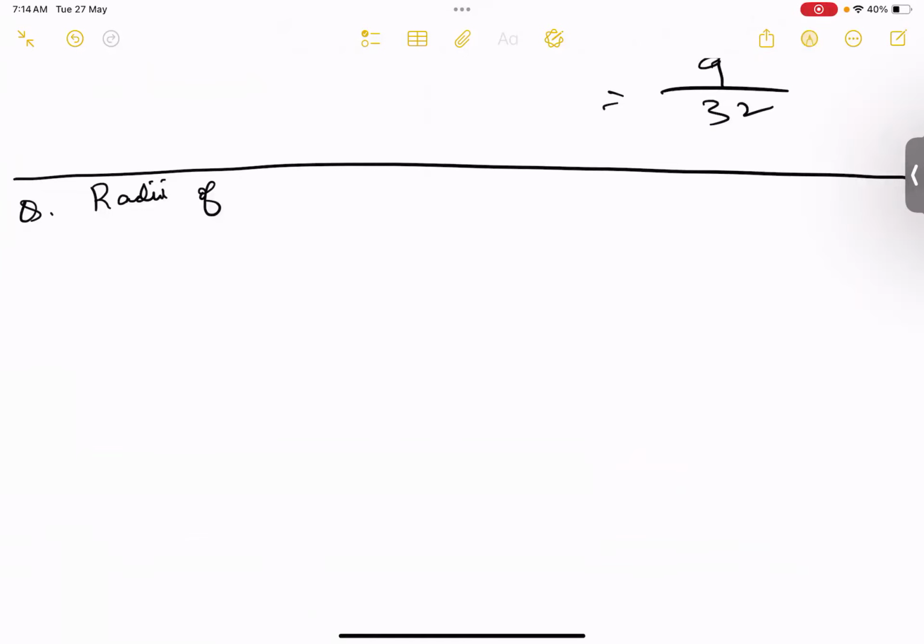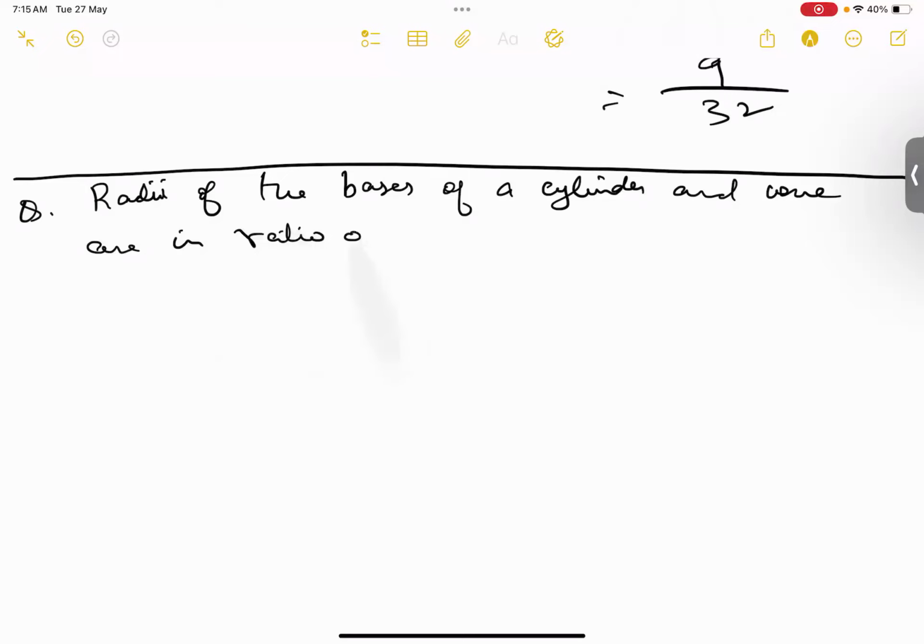Radii of the bases of a cylinder and cone are in the ratio of 3:4.